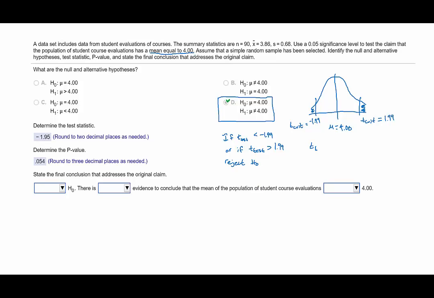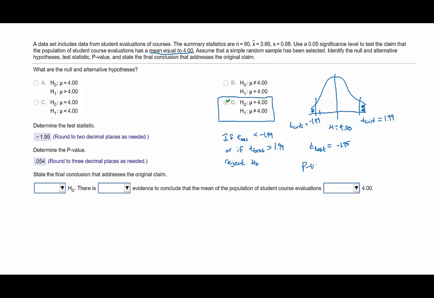We found our t-test value to be minus 1.95. That does not land in the rejection region. It lands in the region where we do not reject the null hypothesis.